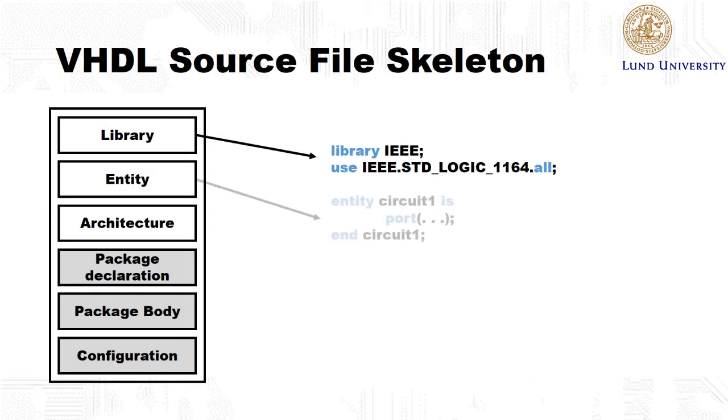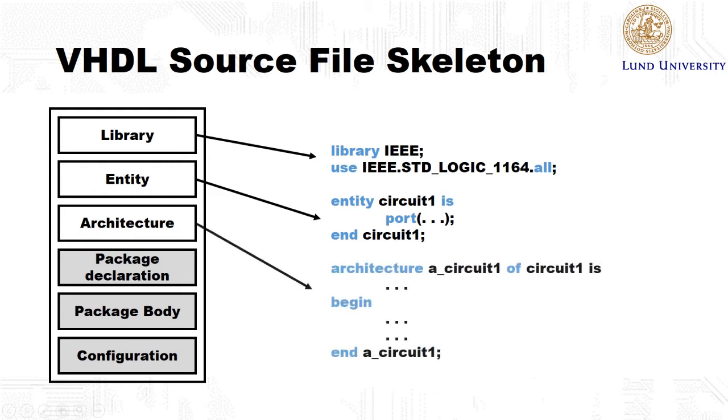Then we have the entity, which describes the circuit viewed from the outside of this module. And we have the architecture that describes the behavior of the circuit, that is the logic inside the circuit or module. So one thing to know about VHDL is that it's not case sensitive. So it doesn't matter if you use capital letters or not.